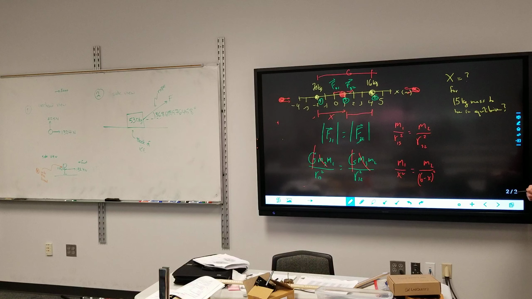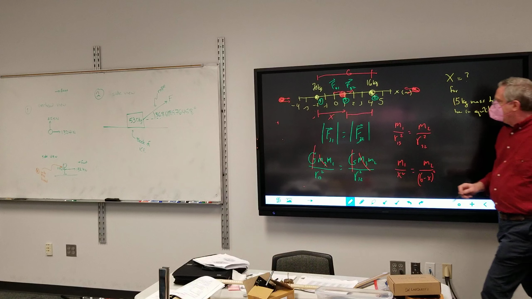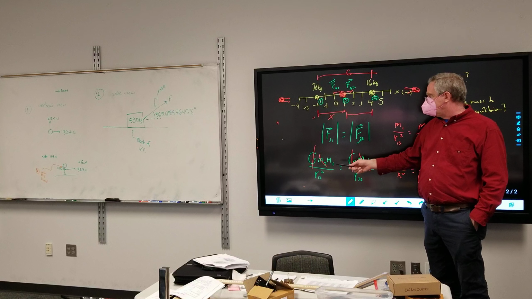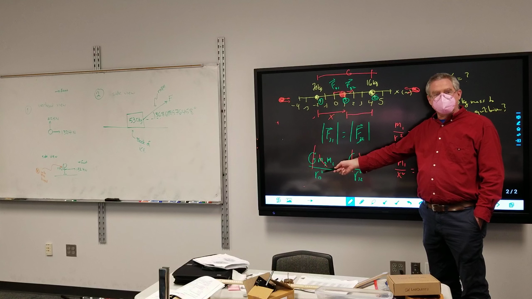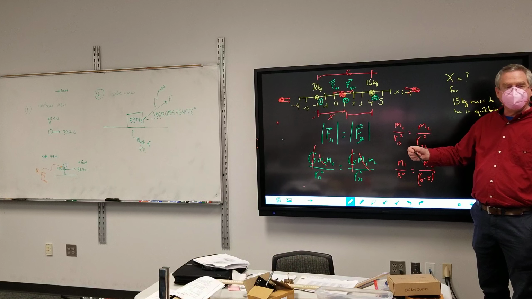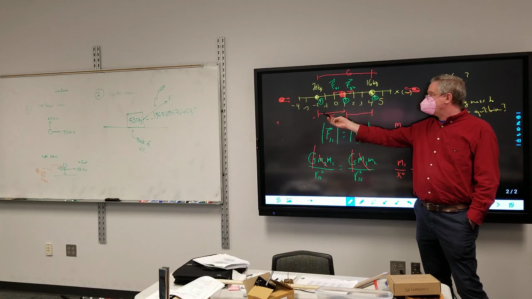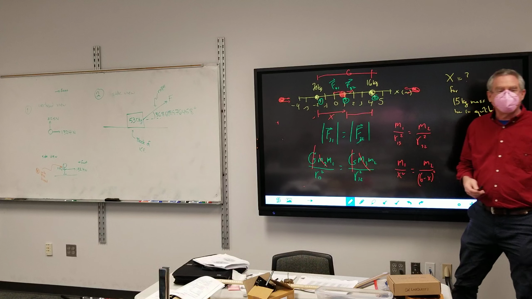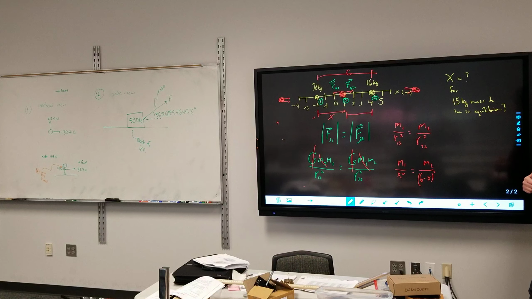So where did the X squared come from under M1? The generalized gravitational formula has the distance squared, and the X comes from the fact that I said that distance there is X. Okay. And does that X go from -2 to 4 or just to 1?